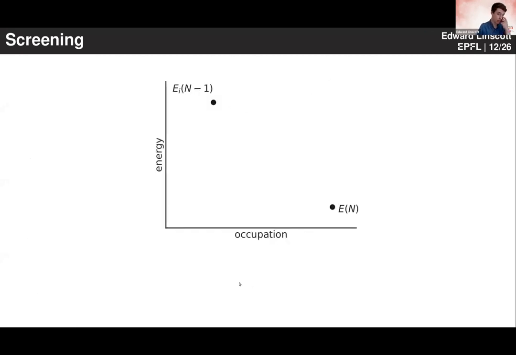To illustrate, I've got some imaginary system where I'm looking at the energy as I change its occupation. I'm imagining an n-electron system with this amount of energy, and if I remove an electron from orbital i, so now I've got an n-1 electron system, I'm up here.